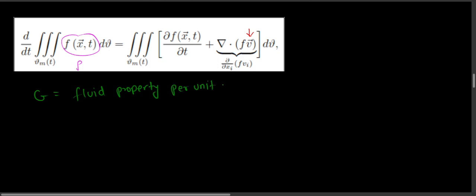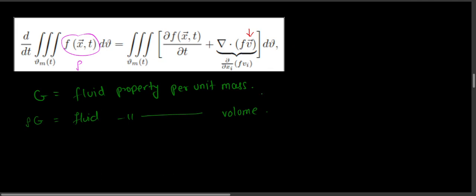Of course, if we multiply that with the density, we get fluid property per unit volume. So G is a fluid property per unit mass, and rho G is a fluid property per unit volume.